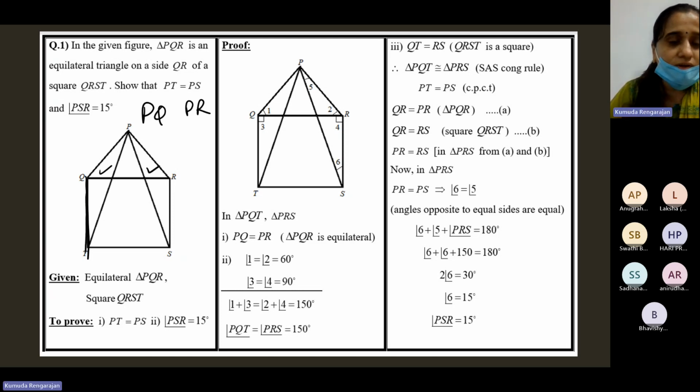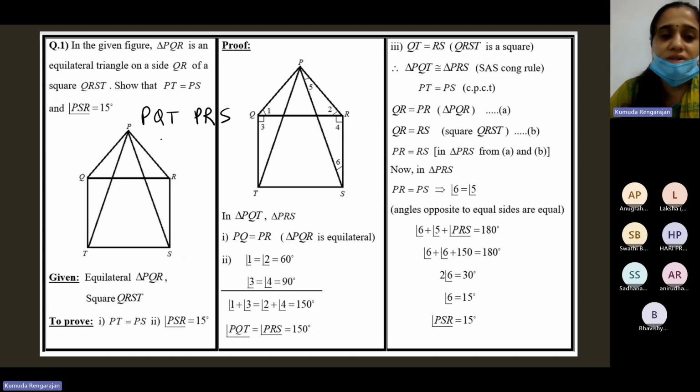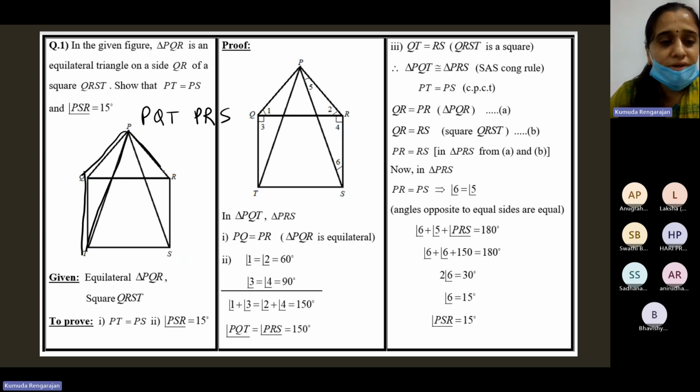Before that, let me ask you, which are the sides of the triangle PQT and PRS? Tell me the sides of PQT. PQ, QT, and PT. Too simple, no question for you, so you're not answering. And the sides of PRS: PR, RS, and PS.